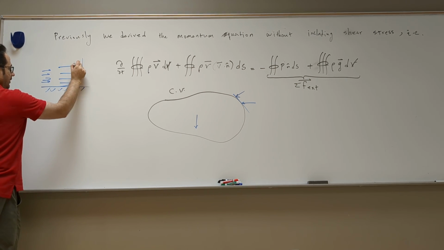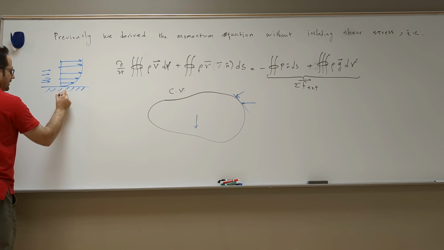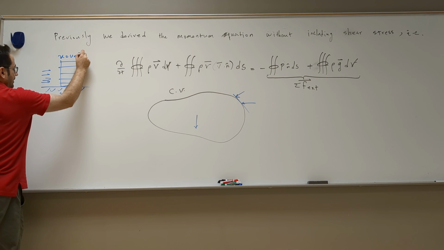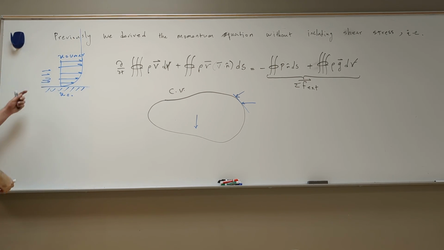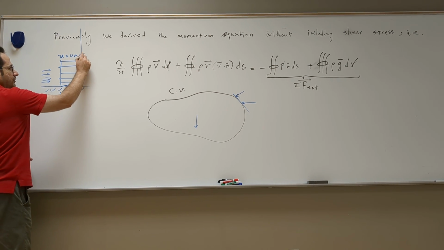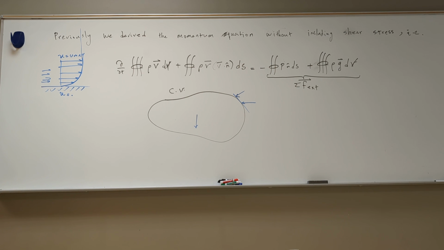At the wall, your velocity is 0, v is 0, u is 0, and then here u max. Then you go to constant velocity. So even though we say the inlet is constant, near the wall your velocity is 0. So you get a profile that is non-uniform. So what's the reason for that? Friction. The friction, the shear stress.